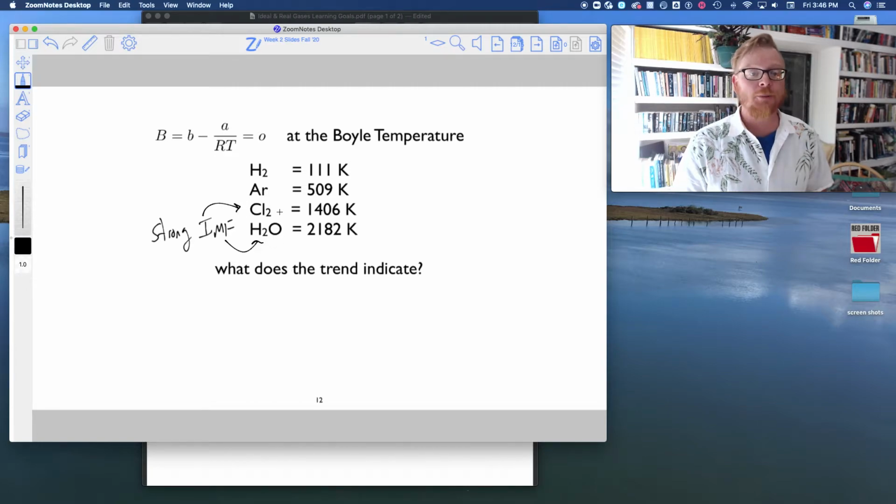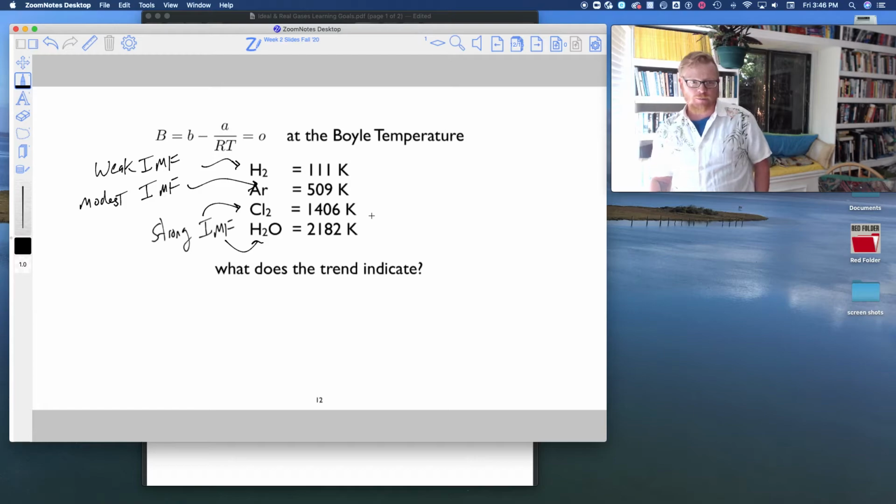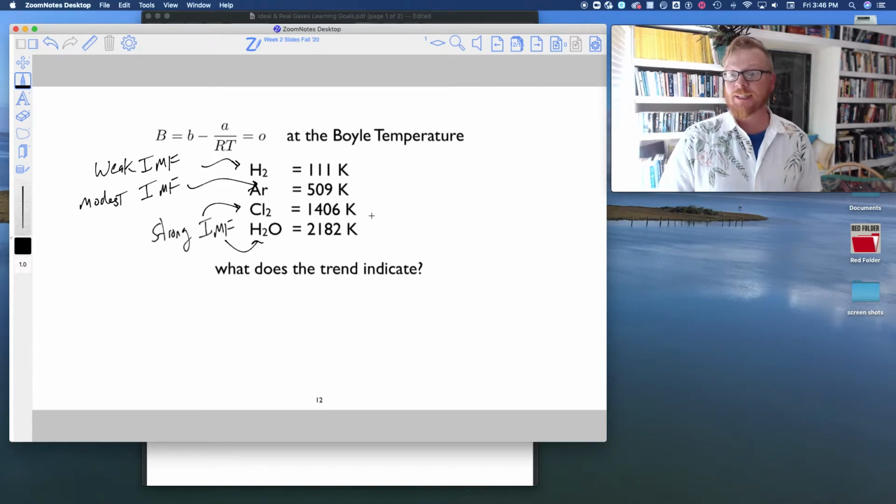Hydrogen bonding for water, London dispersion for chlorine. We'll say weak intermolecular forces for hydrogen, and we'll say modest IMF for argon, as evidenced by the Boyle temperatures.